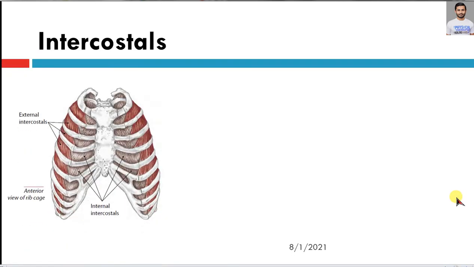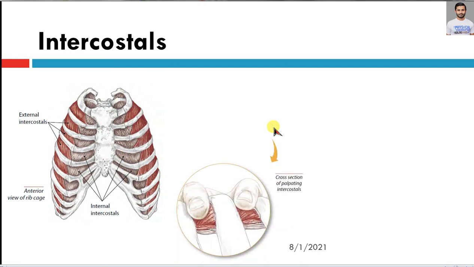Then the intercostal muscles are sandwiched between the ribs, and they are very readily accessible. There are external and internal intercostal muscles. It's good to remember that the external intercostal muscles are more lateral and the internal intercostal muscles are more medially oriented, and you can clearly feel the soft tissue between the ribs.